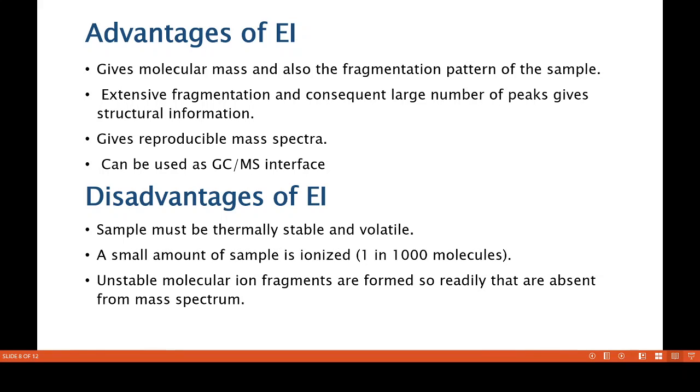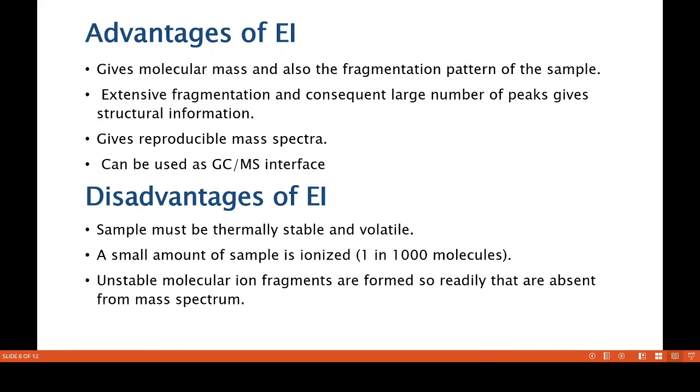Then we see the disadvantages of electron ionization. The first disadvantage is that the sample must be thermally stable and volatile. Other samples are not suitable for EI, that is electron ionization.